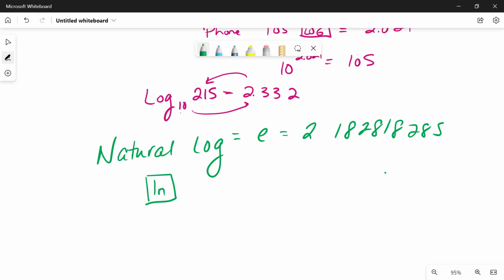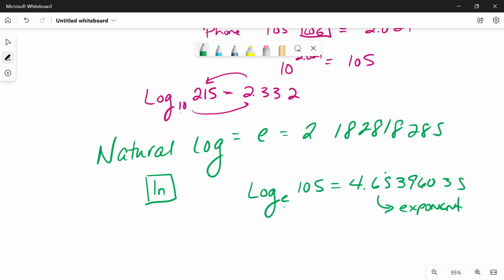All right, so if I've got this problem, log base e of 105, what I'm looking to solve there is going to come out to 4.65396. Remember, this is the exponent.